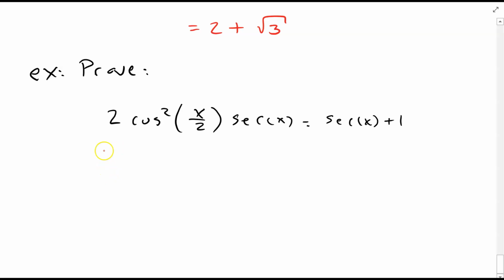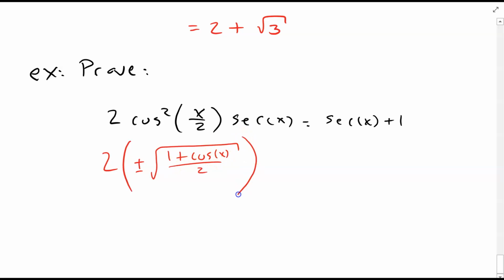So if I look at the half angle identity for cosine, I have plus or minus square root of 1 plus cosine x over 2. And now that's still going to be squared.